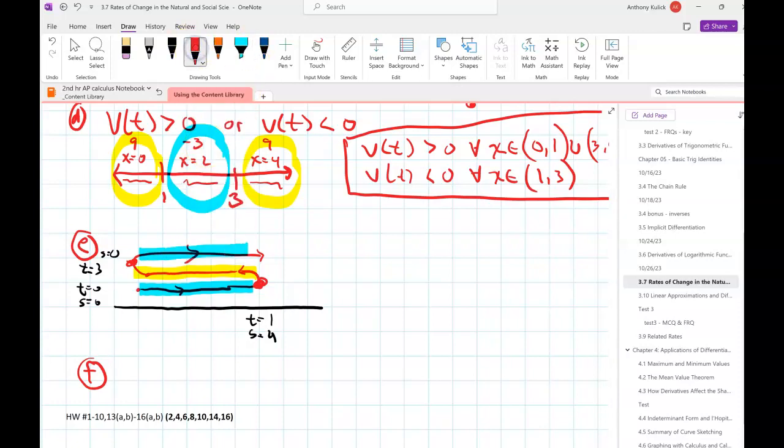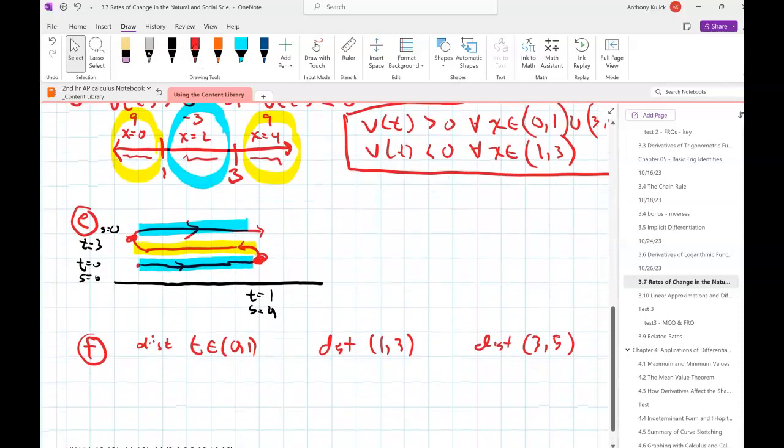Twice. So I need a distance that I travel from 0 to 1, and then a distance where we travel from 1 to 3, and then a distance where we travel from 3 to 5. Everybody's okay with that?